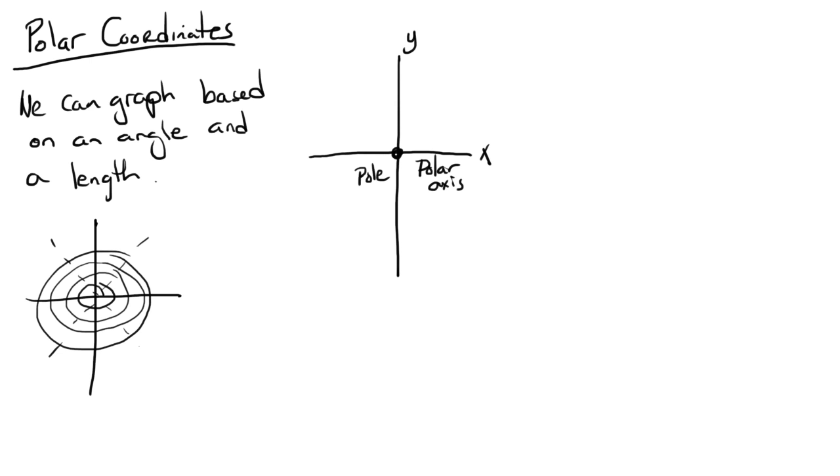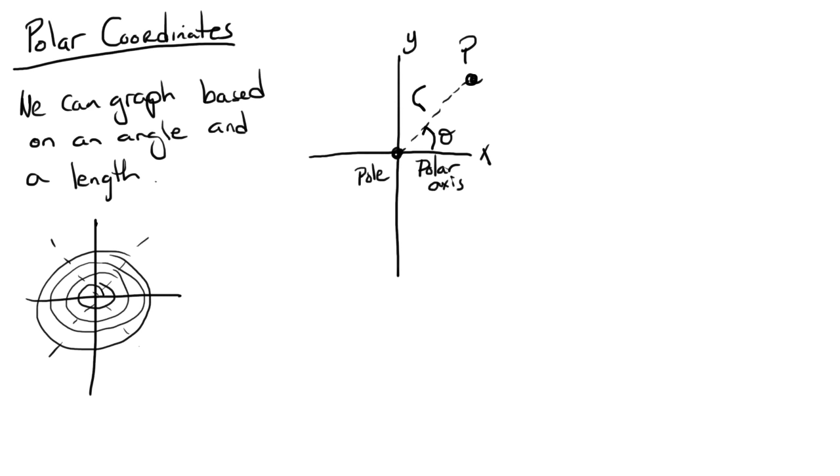We're going to go up some angle, some theta, and go out some distance, some length. This is going to be our point, P for point. And this length is going to be called R. When we start graphing, that R is like a radius, but it's really a distance, though you can think of it kind of like a radius.